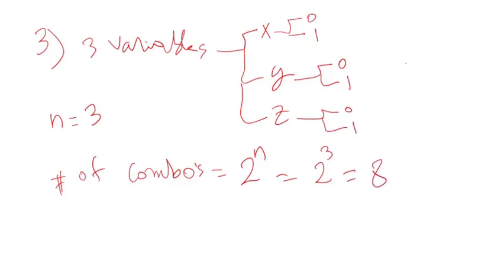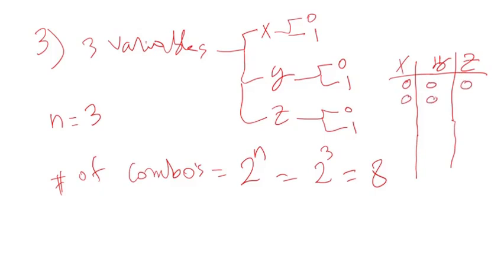So if I come here and do x, y, and z, all of them can be zeros. That's one combination. x and y are 0 and z is 1. So this is another combination. Another combination.